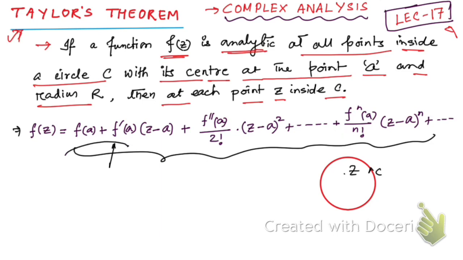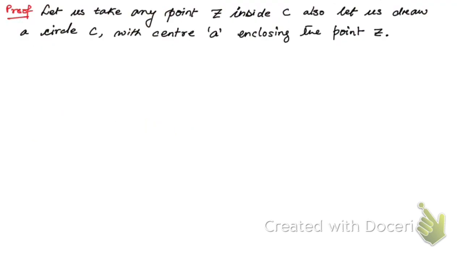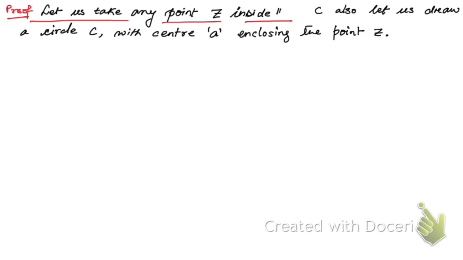So now let us prove this. Here let us take any point z inside C. This C is nothing but a circle, so let me write the word circle here, inside the circle C. Let us draw a circle C1 with center a and enclosing the point z.